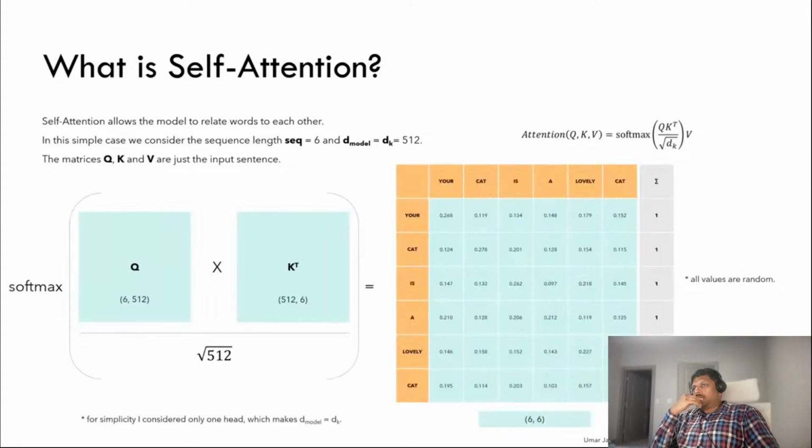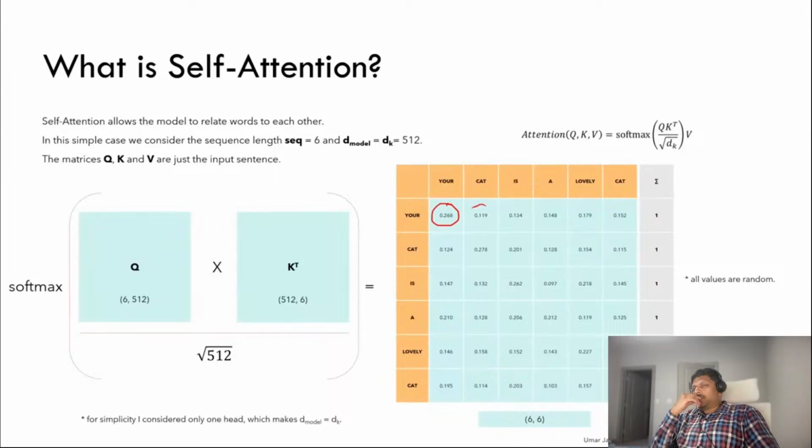The output of this, as we saw before in the initial matrix notations, we saw that when we multiply 6 by 512 with another matrix that is 512 by 6, we obtain a new matrix that is 6 by 6. And each value in this matrix represents the dot product of the first row with the first column.